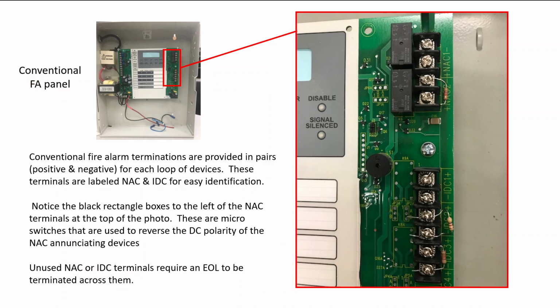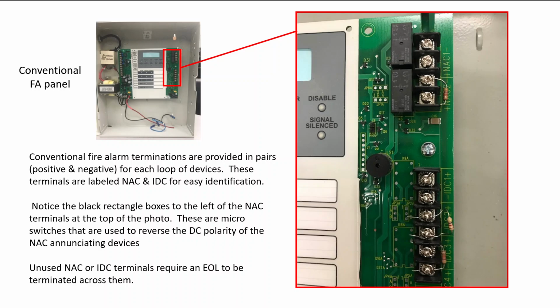If we take a look at the terminations on a standard conventional panel, you'll notice that they're all laid out in pairs and labeled. So we can see at the top NAC1, NAC2, and down near the bottom IDC1, IDC2, IDC3, and each of them has an indication of polarity, negative and positive. Notice the black rectangular boxes to the left of the NAC terminals on the top of the photo.